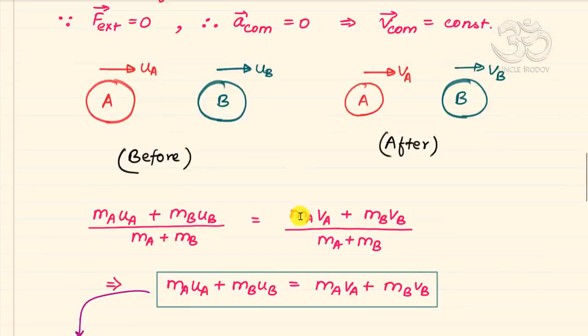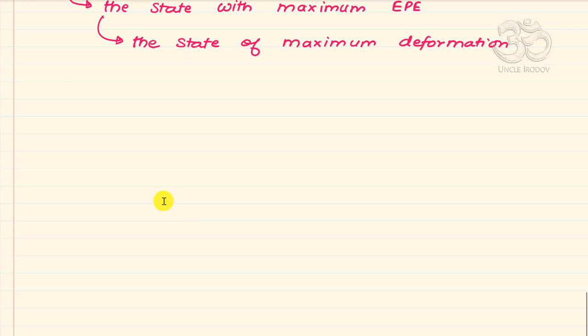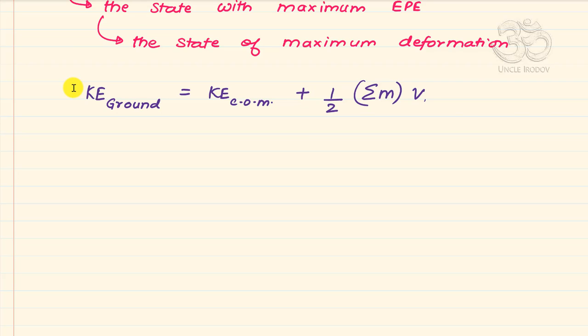So that should remind you of the formula which I gave you in one of the classes: kinetic energy of a system of particles in the ground frame is equal to kinetic energy of the same system of particles in the center of mass frame plus half times the total mass of the system times the velocity of center of mass whole square. So from this formula, K in the ground frame will be minimum whenever K in the center of mass frame is 0.